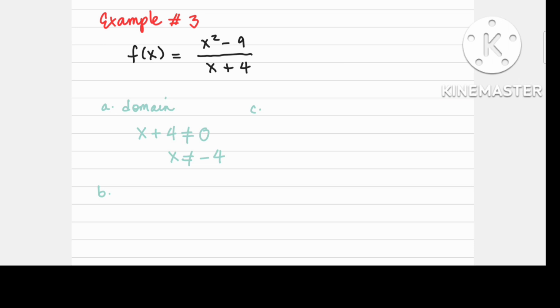Okay, going back to finding the x-intercept. So we just copy the numerator and then we equate it to 0. Then solving for x, this becomes x squared equals 9. And then extracting the square root of both sides, x will obtain two possible values, positive and negative 3. So these are our x-intercepts.